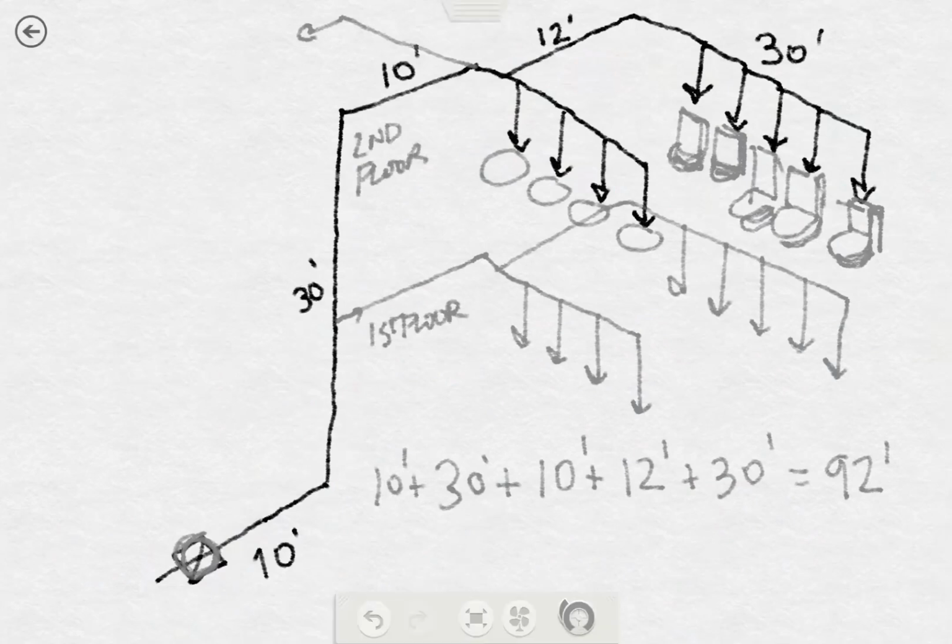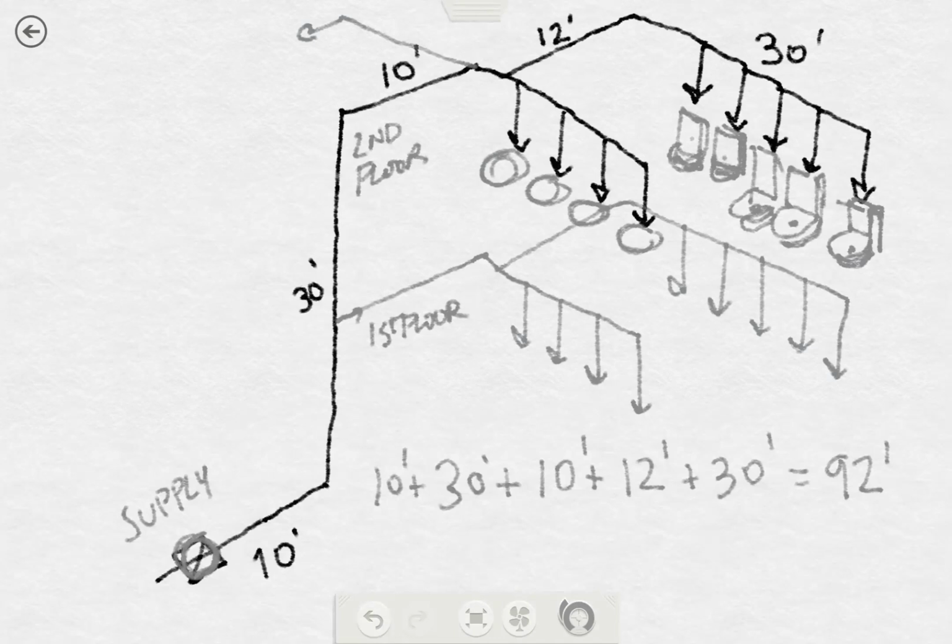This is the water supply. Here we have 3 toilets, 1, 2, 3, 2 urinals, 1 and 2, and 4 sinks, 1, 2, 3, and 4. We have the same on the first floor, but we're not calculating the first floor now.